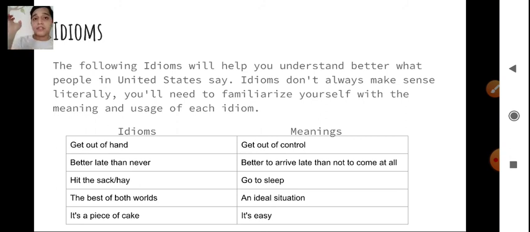This first thing has its own advantages and disadvantages, and this second thing has its own advantages and disadvantages. With this idiom, the best of both worlds, okay, you're gonna choose the ideal situation for you. Okay, it means that you are gonna take the best things of both, and then you are going to combine them.